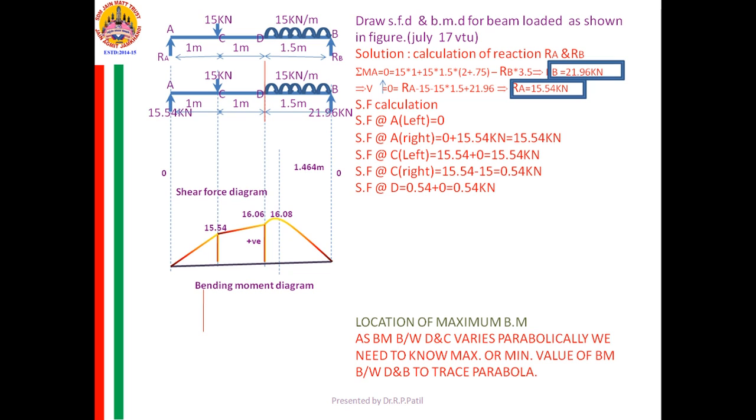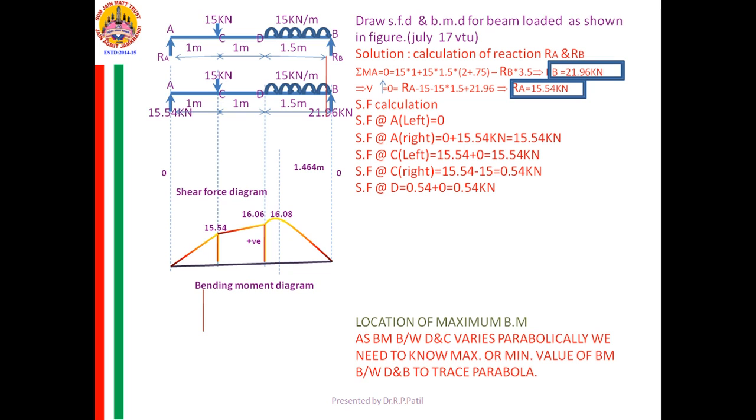Now from here, where I need to go? Left of B. Where is left of B? See there the red line. I want the SF at left of B. Actually, I am doing it by considering the left side part.